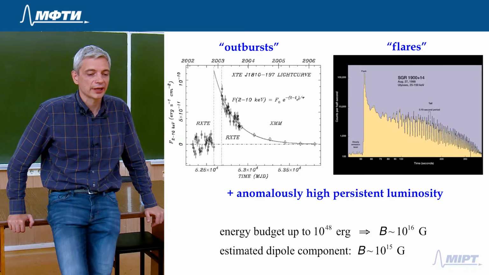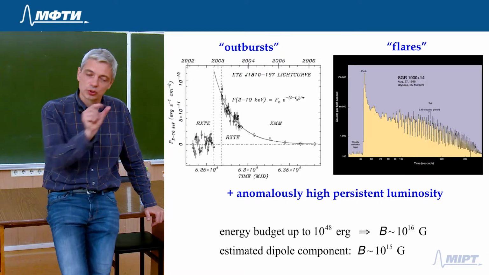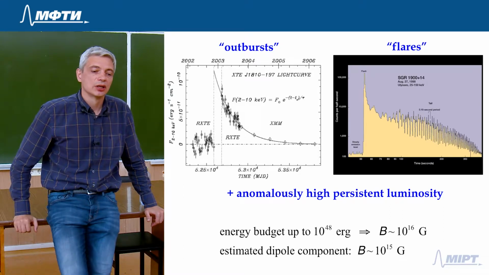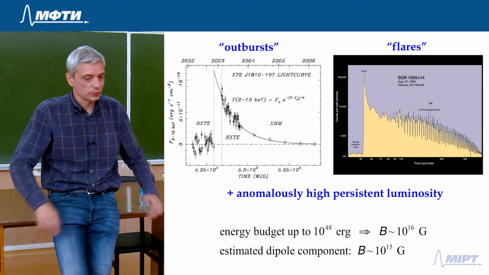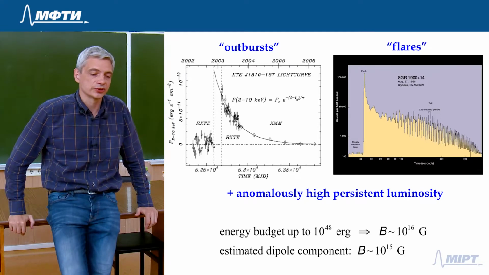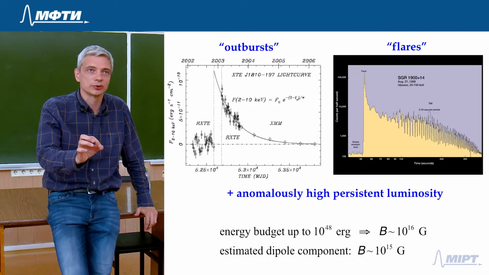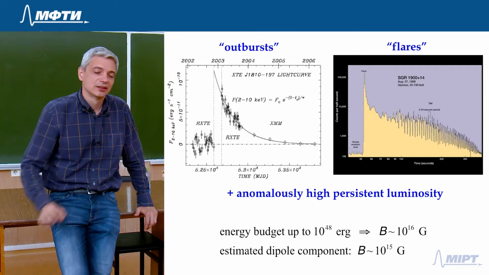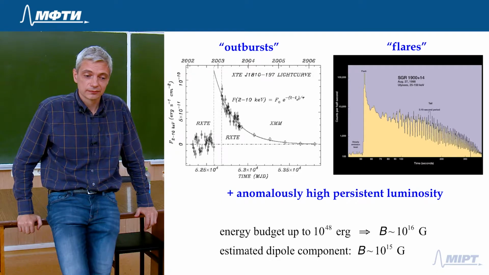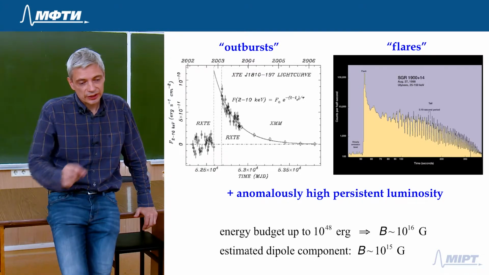You have temporal activity, which includes bursts, these short spikes of X-ray emission, and flares, whose luminosity goes crazy, up to 10 to the 47 ergs per second, like a quasar basically, but coming from a 10-kilometer object. Which is weird. It's a quasar really, 10 to the 47 ergs per second. It just doesn't last very long.